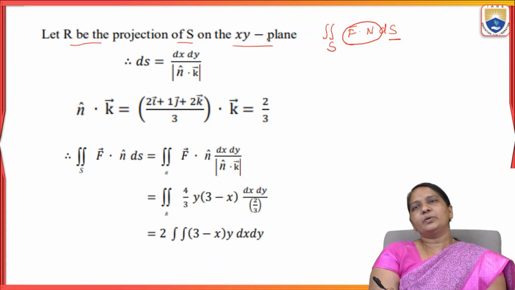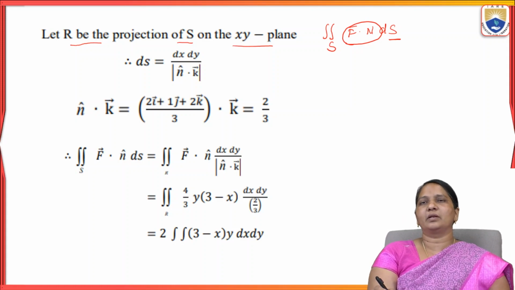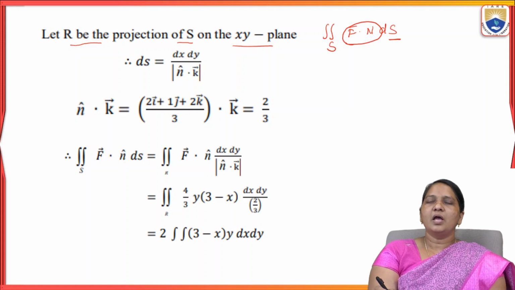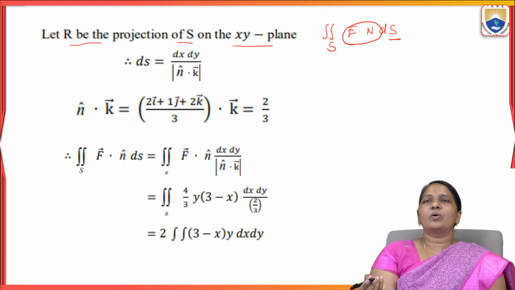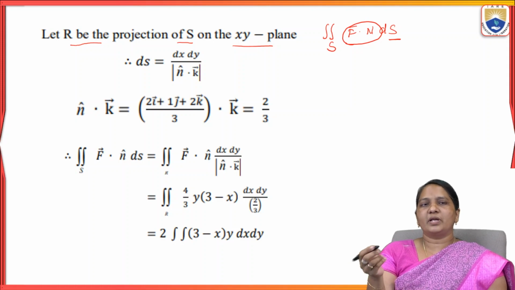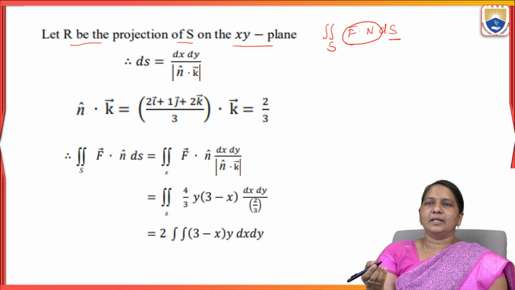One more important point: we can select any plane, xy or yz or zx. According to that, we should know the limits of those x, y, z. Then only can we evaluate the integral. In some problems, they give the values of y and z, which makes it very easy because the limits are already given.